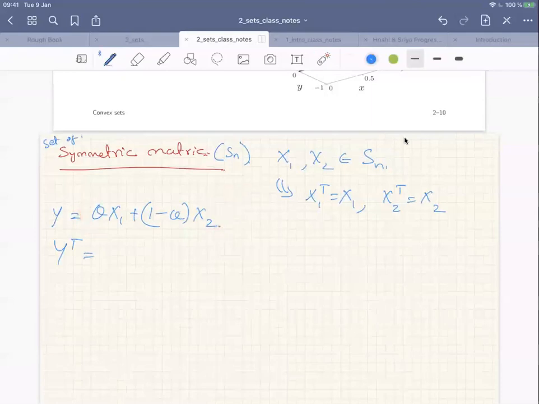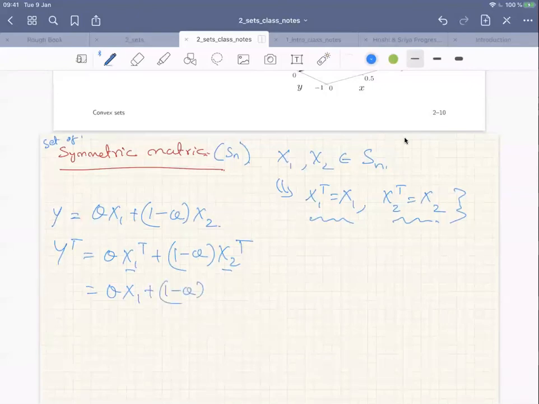You can take the transpose inside, and write it as theta x1 transpose plus 1 minus theta into x2 transpose. You know that x1 and x2 are symmetric matrices, which hold this property. So we can write this as theta x1 plus 1 minus theta x2, which is our original one. So we prove that y transpose equals y.